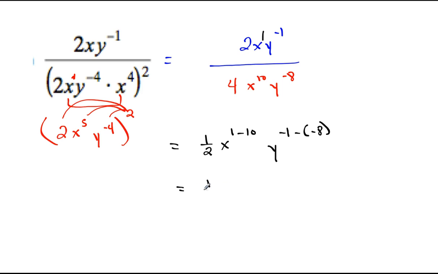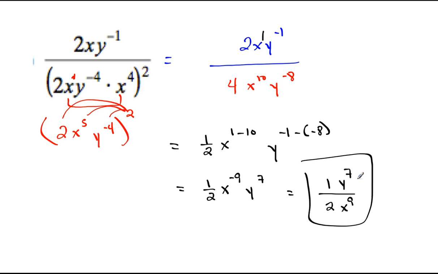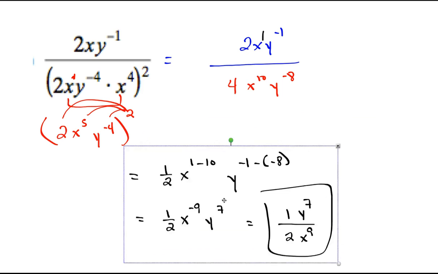So this is going to give me 1/2 x to the negative 9, y to the 7th, which can be rewritten as 1 over 2, x to the negative 9th is negative, so that should be in my denominator as x to the 9th, and y to the 7th as my final answer. All right, that's one way to approach it.